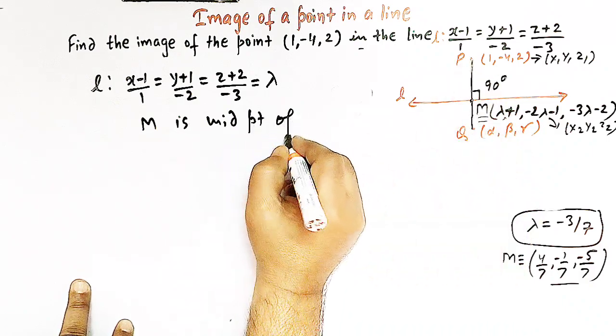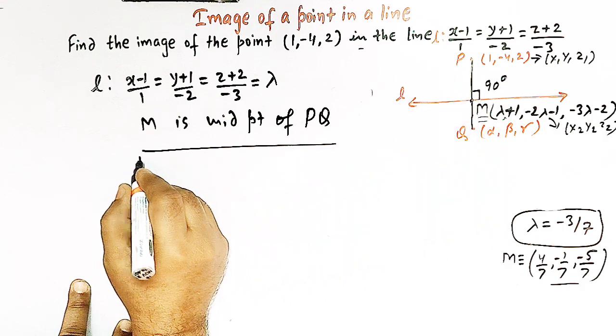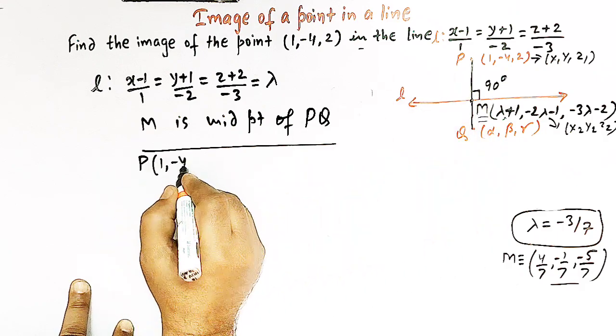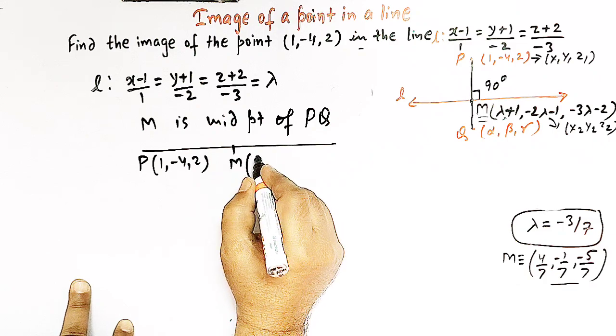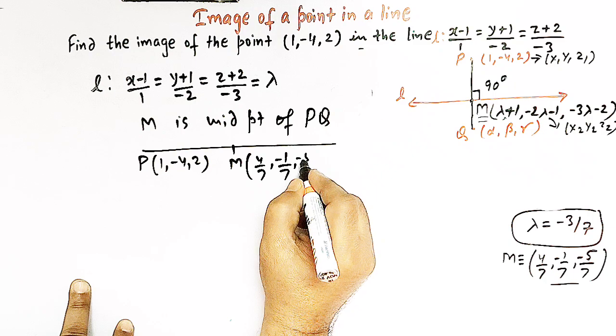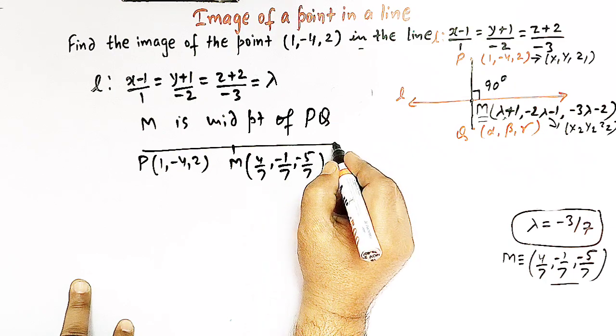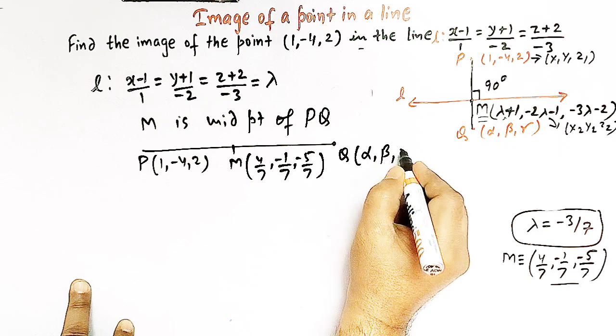So here this is P, that is 1, minus 4, 2, and M is given by 4 over 7, minus 1 over 7 and minus 5 over 7, and Q is alpha, beta and gamma.